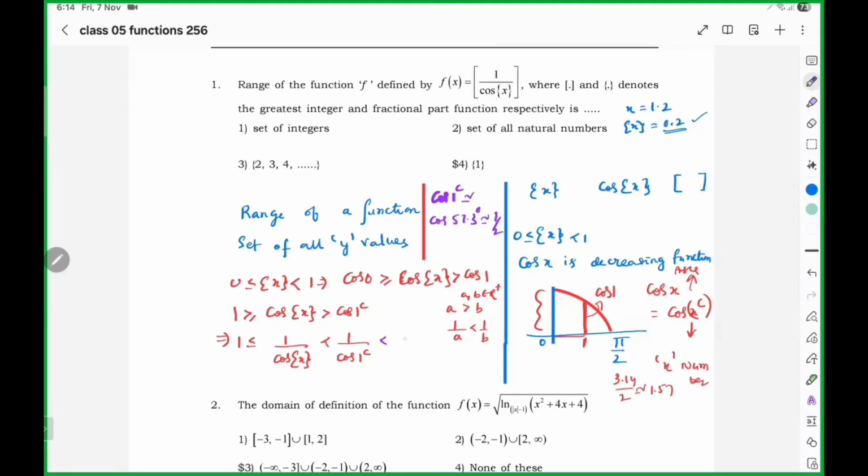So I can say less than 1 by 1 by 2, which is 2.